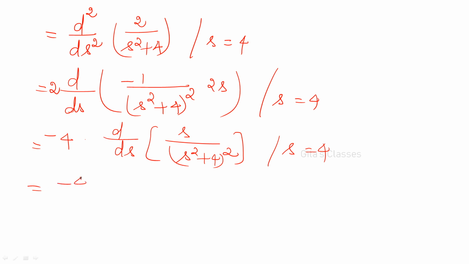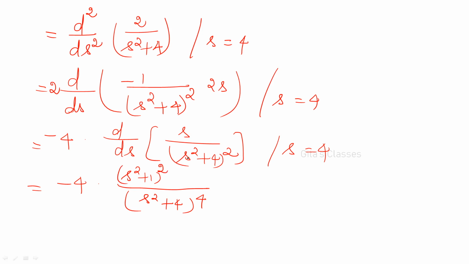That is minus 4 into, now you have numerator also s, denominator also function of s, therefore u by v form. So in the denominator s squared plus 4 the whole squared, into v squared, so s squared plus 4 the whole power 4, because you have already square, again square it.